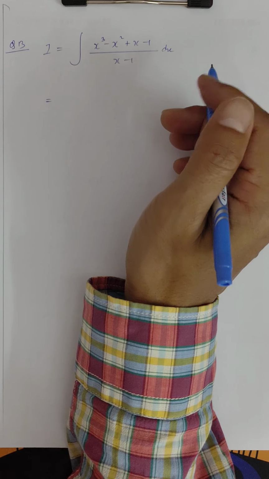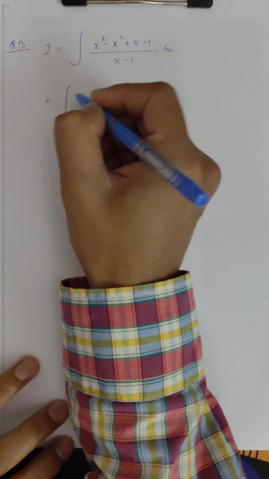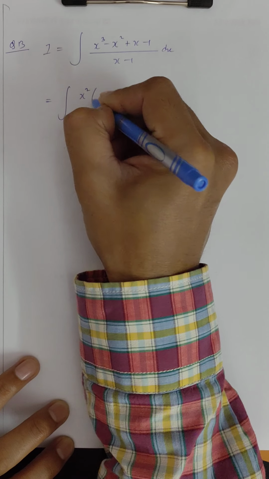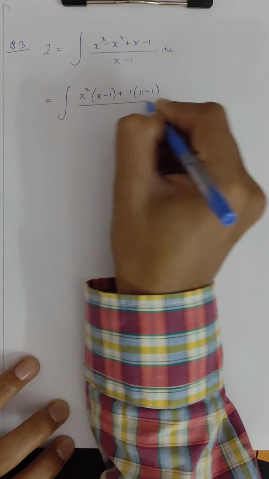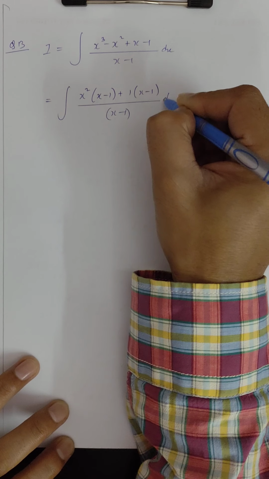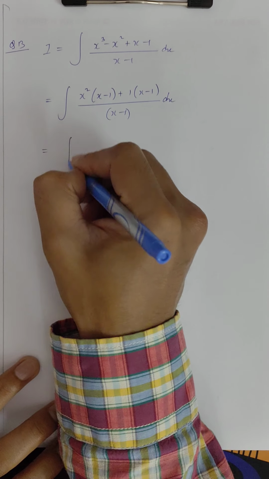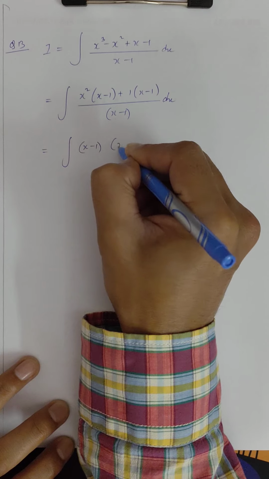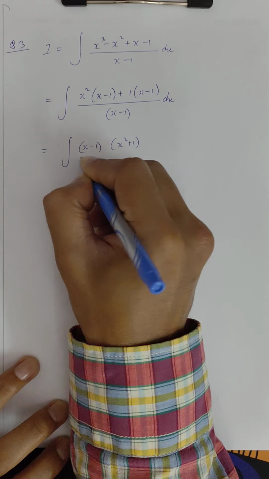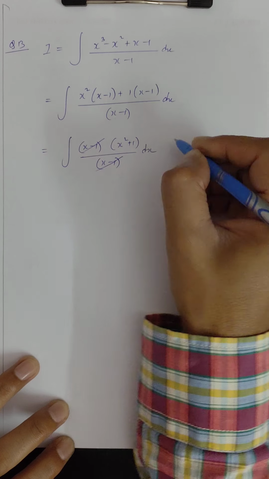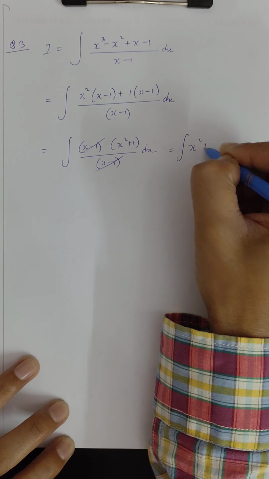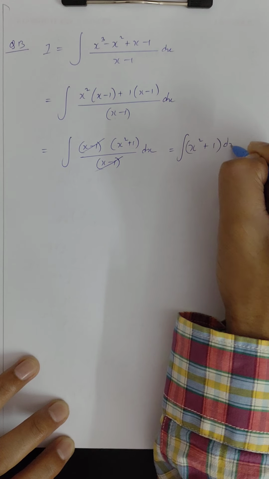If yes, then proceed. I think we can do something: x square taken common, x minus 1 plus 1 into x minus 1. I can already see a common term, so that is integration of x minus 1 into x square plus 1, divided by x minus 1, with respect to x. So these we can cancel, that is integration of x square plus 1 with respect to x.